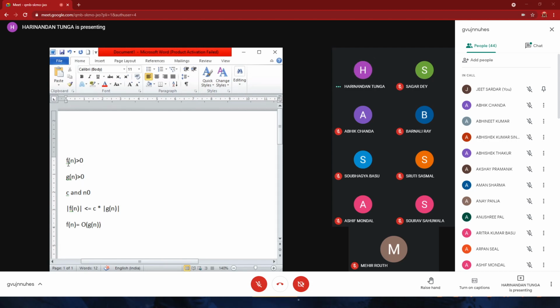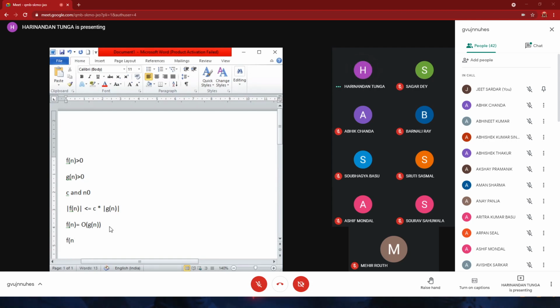There are two conditions. The first is that f(n) and g(n) are positive real functions. The second is mod of f(n) less than or equal to c into mod of g(n). Then we can express f(n) equal to order of g(n). This is the definition of the Big-O notation. Okay?